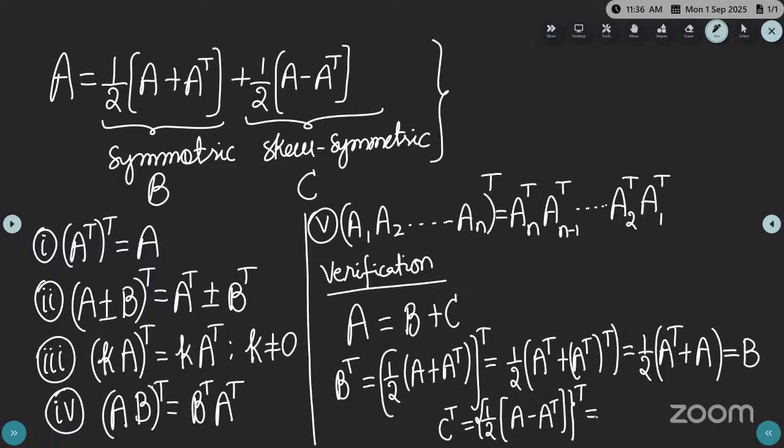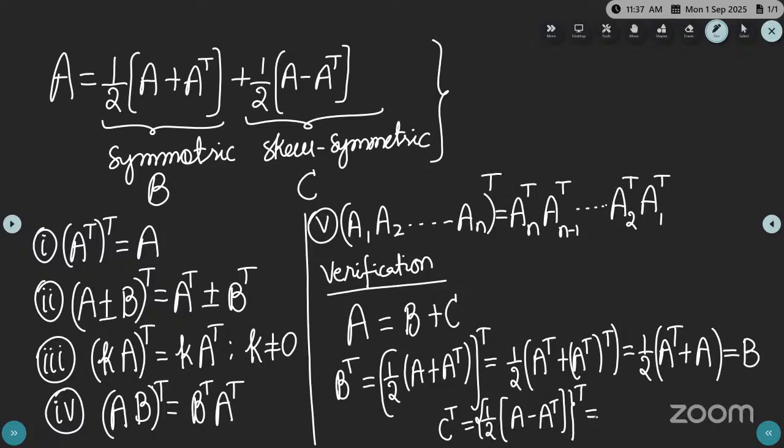Do it quick. 1 by 2 can be written out, A transpose minus A. If you write that minus outside, is it equal to minus C or not?